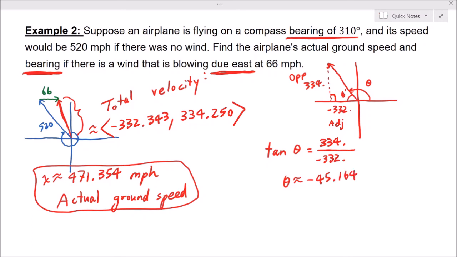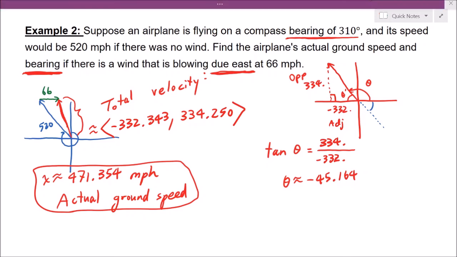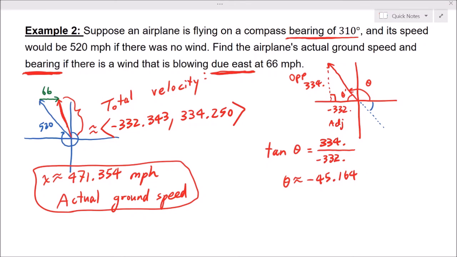45.164. And you know, that's weird because that angle is down here, right? Where's negative 45 from 0? That's like this angle. So these vectors and finding direction angle can turn out weird and messy like this. If that confuses you, just use the right triangle and use positive lengths, and you will find that this angle in here you can think of also as being positive 45.164, right?